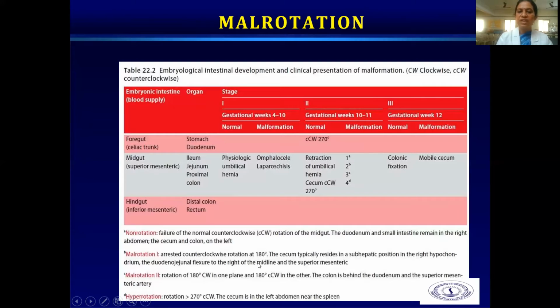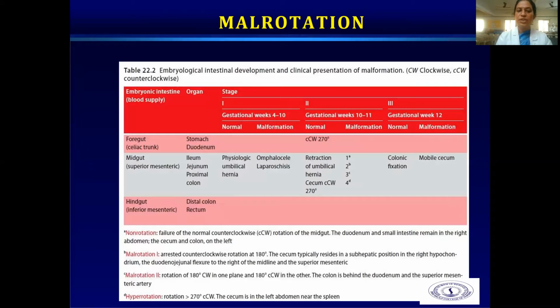So you see the non-rotation occurring in the midgut leads to the duodenum and small intestine in the right abdomen, and the cecum and colon on the left. Whereas when malrotation 1 occurs, it occurs typically in the cecum, that is, it resides in a subhepatic position in the right hypochondrium, with the duodenojejunal flexure to the right of the midline and superior mesenteric artery.